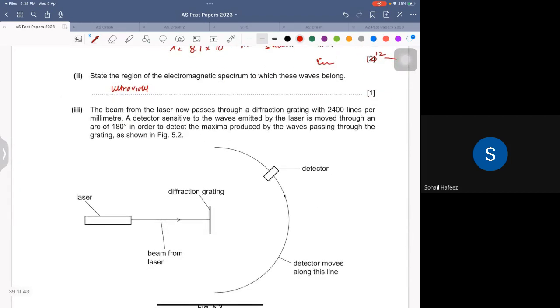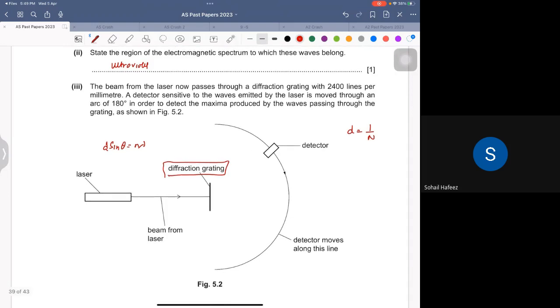Just remember that. Now, the moment I see this, I know this question belongs to d sine theta equals n lambda. And the other formula, to find d, is 1 upon n. So the beam of the laser now passes through a diffraction grating of these lines per millimeter. So this is n.